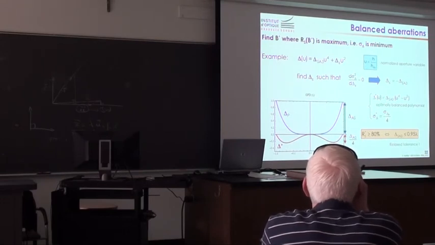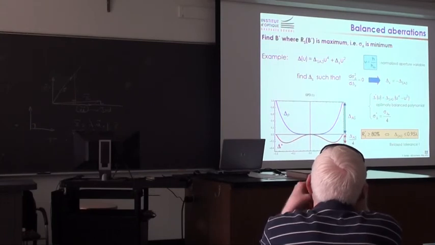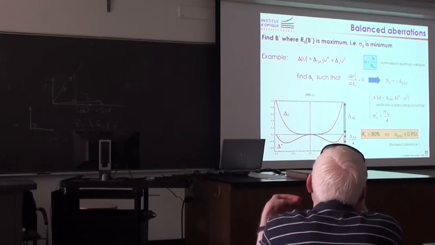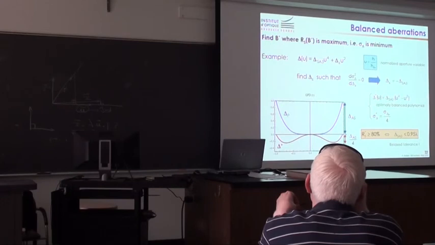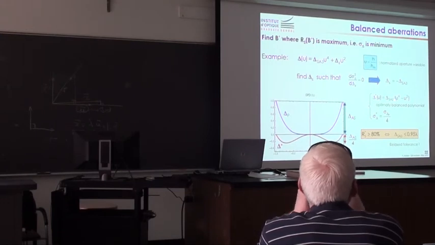Well, you do the calculation, it's 2 lines, and you get the following answer. You should subtract as much as the amplitude of the Seidel spherical aberration, so that in the end, you get delta. I could start here to say this is the optimally balanced polynomial, the one that is such that the derivative here is equal to 0, the one that minimizes the variance. Delta star is then equal to this times U4 minus U2.